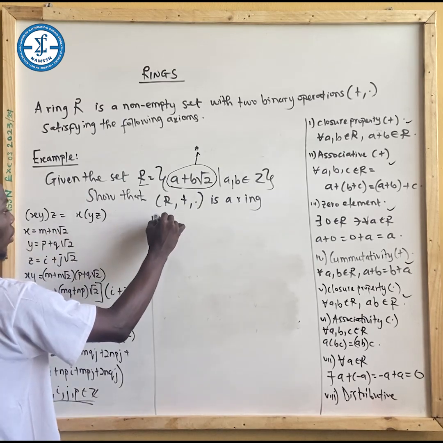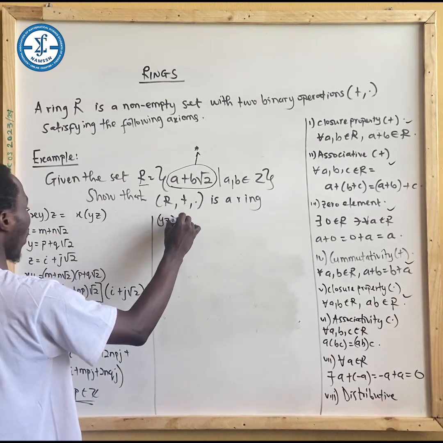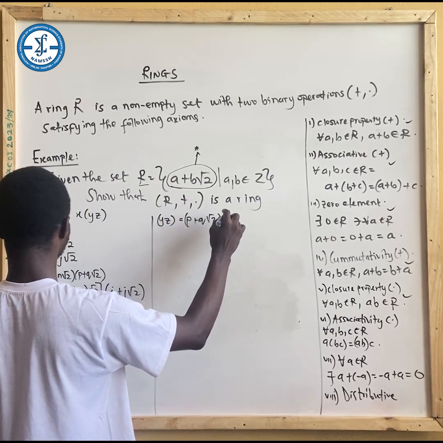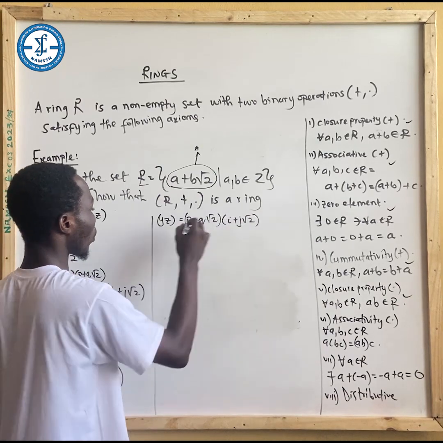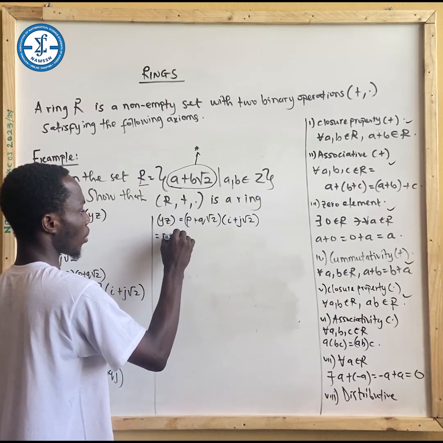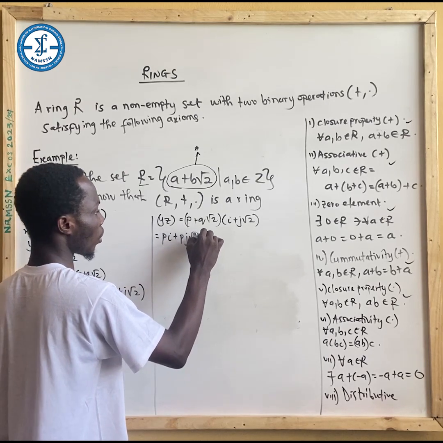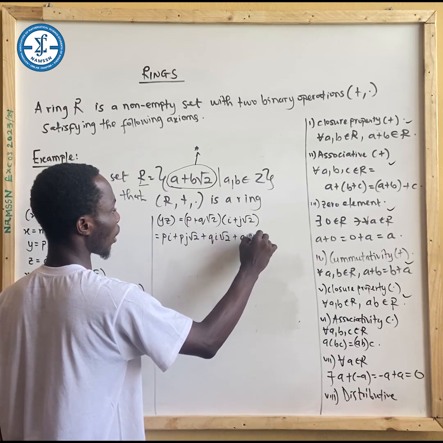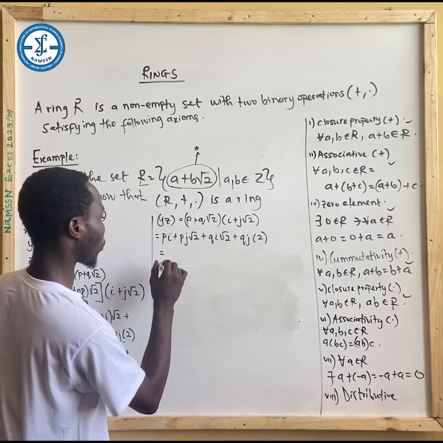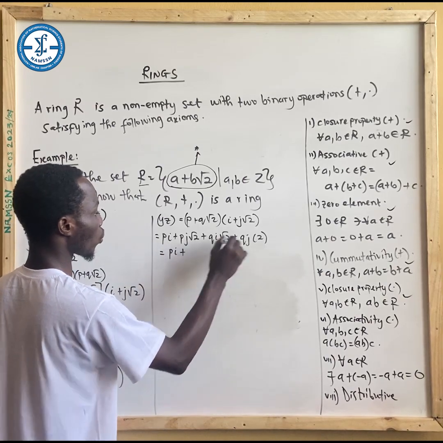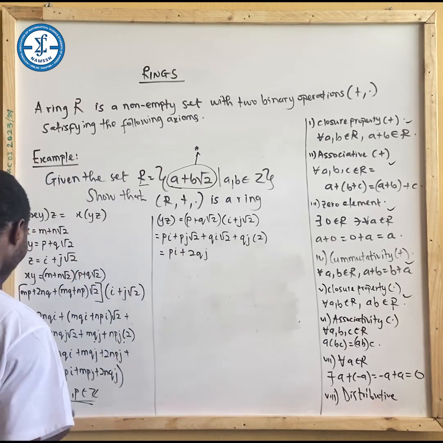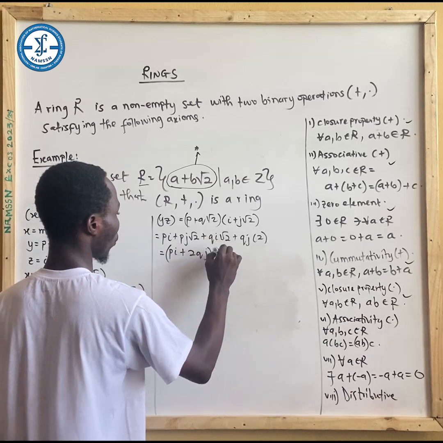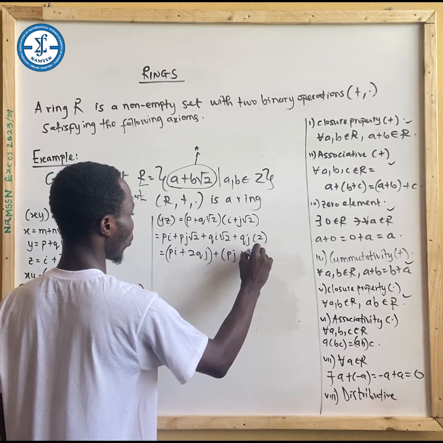y times z. Let's do yz first. So my y is p plus q root 2 multiplying z, i plus j root 2. This will be pi plus pj root 2 plus qi root 2 plus qj times 2. And this will be pi plus 2qj plus pj plus qi root 2.